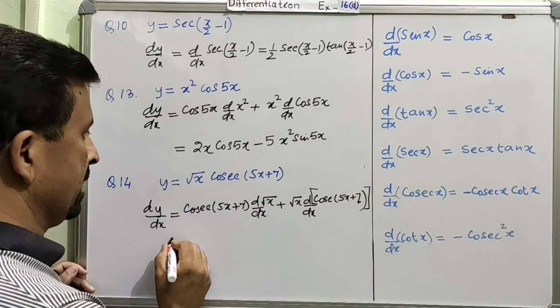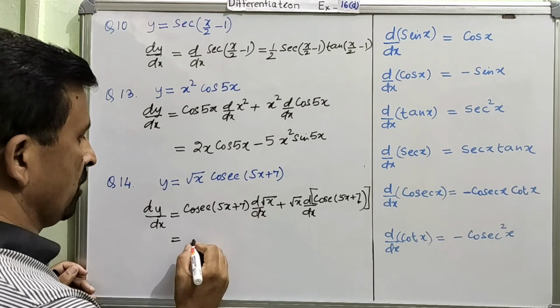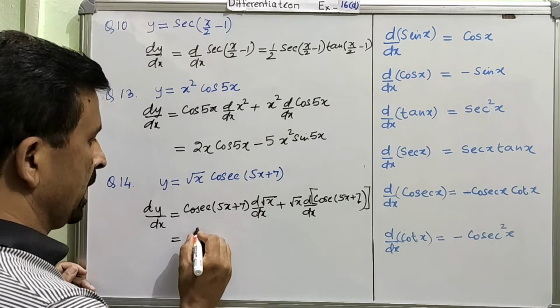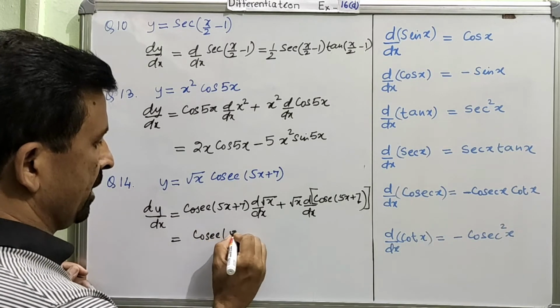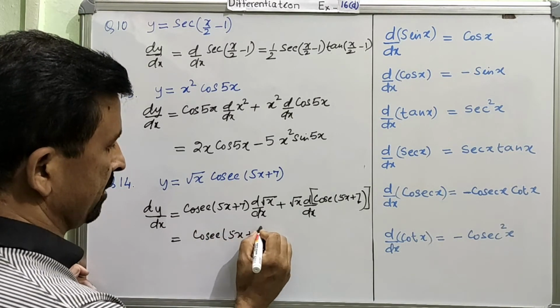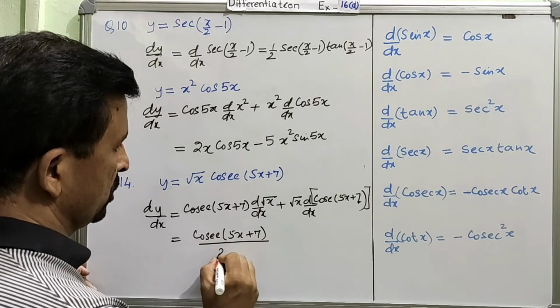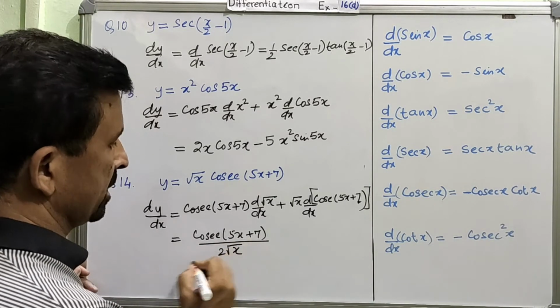Now let us begin. The derivative of root x will be 1 over 2 root x, and this will be as it is. So this will be cosec 5x plus 7 divided by 2 root of x. Done?